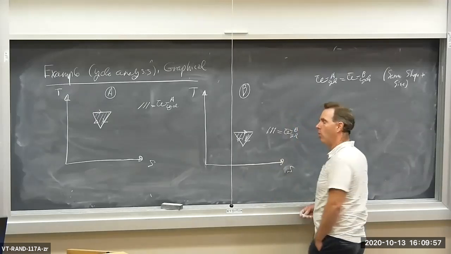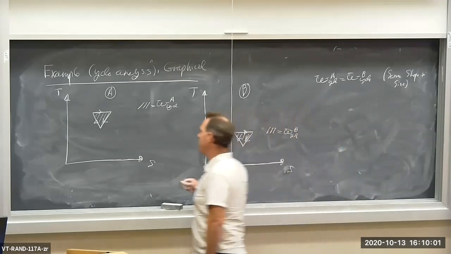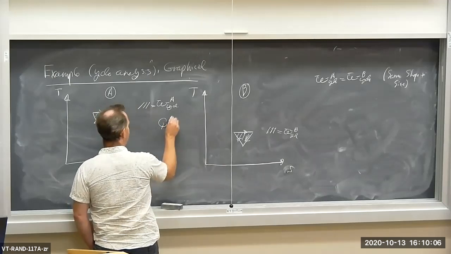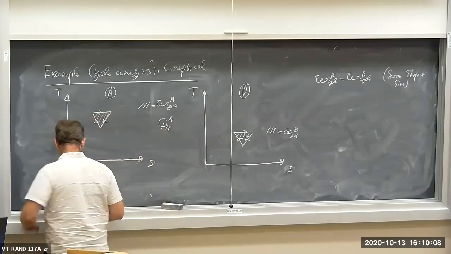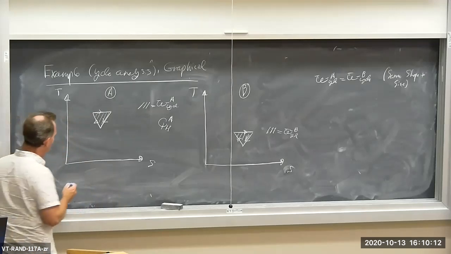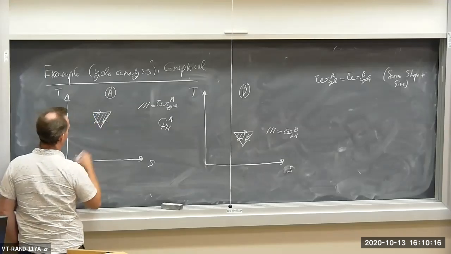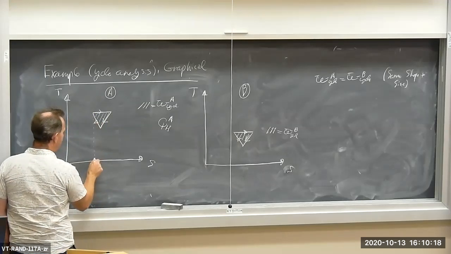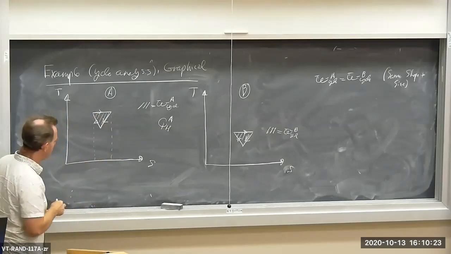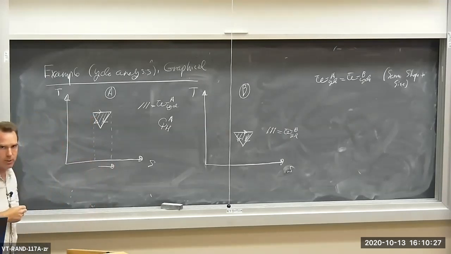Let's compare the heat transfer into the system over the cycle. So let's compare QH. What's QH for cycle A? Where's the heat being added in my cycle? Well, notice that entropy is increasing on the upper portion of the cycle.